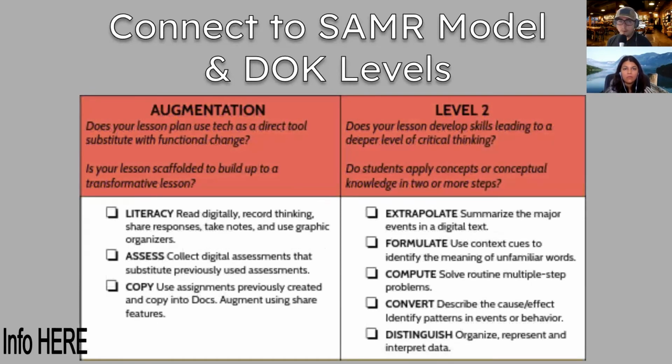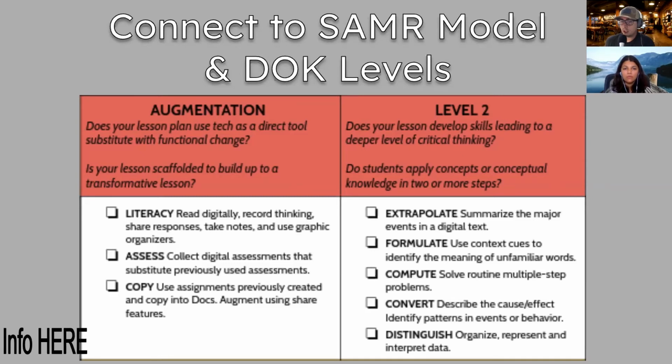And now we're moving on to level 2 and augmentation. So this is the next step in the SAMR model. This is where you're incorporating maybe some literacy, some assessments, some copying, using an assessment that was previously created in a doc, and you're augmenting it by using the share feature.